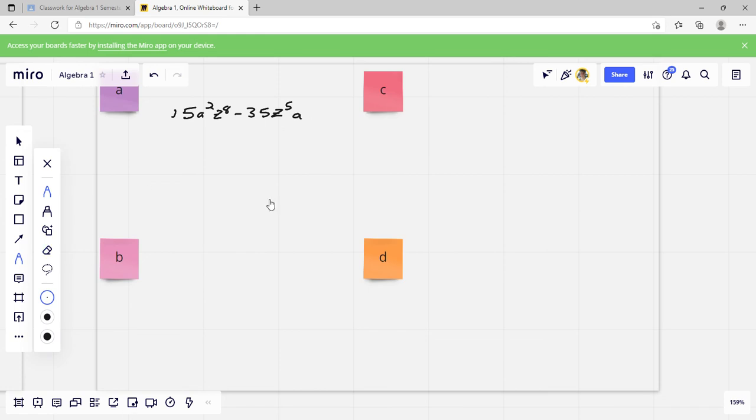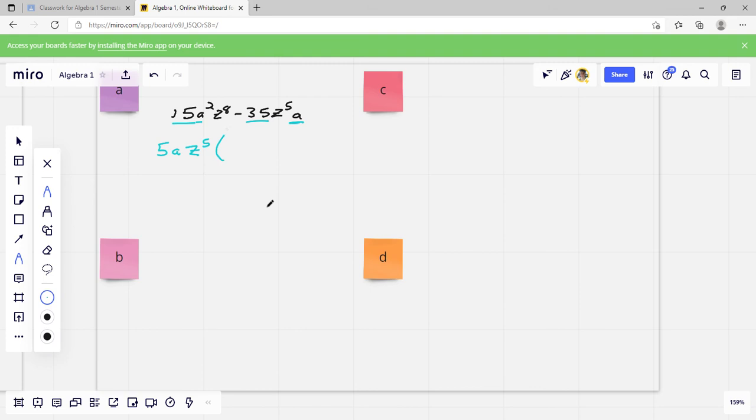Alright, so first we're going to find our common factors. So for 15 and 35, let's see, 15 times 2 would be 30. That won't work. I think it's going to be 5. We'll go into 15 and 35. For our a's, we have at least one a. And our z's, 8 and 5, we would have 5 z's.